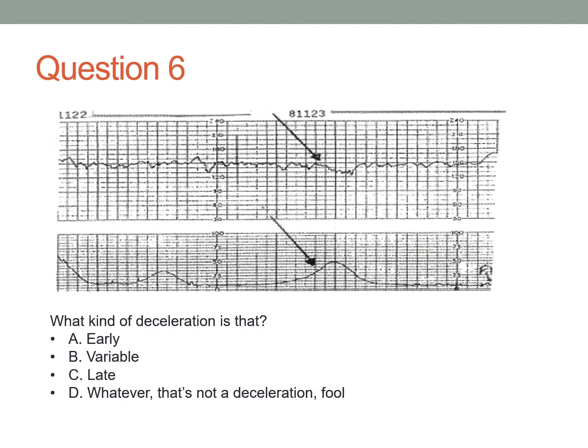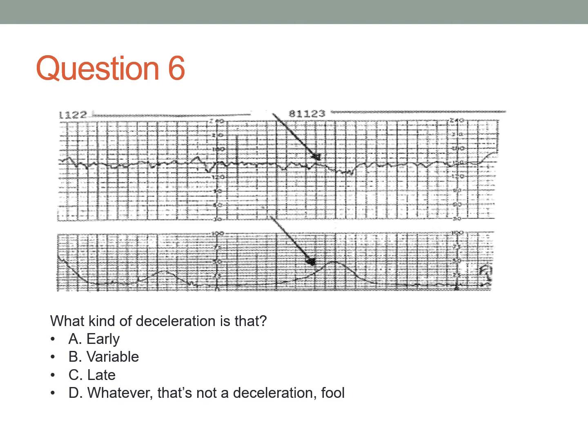All right, question 6. What type of decel is that? Is it early, variable, late, or not even a decel? Take a look. Answer here is A. This is an early deceleration.